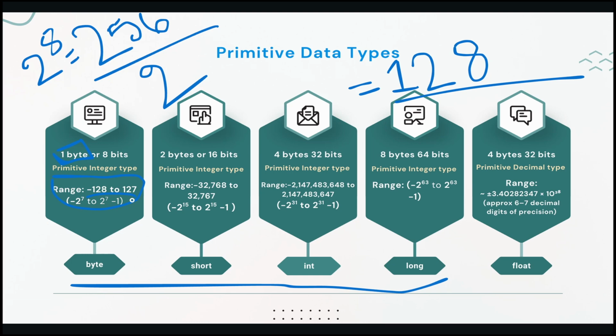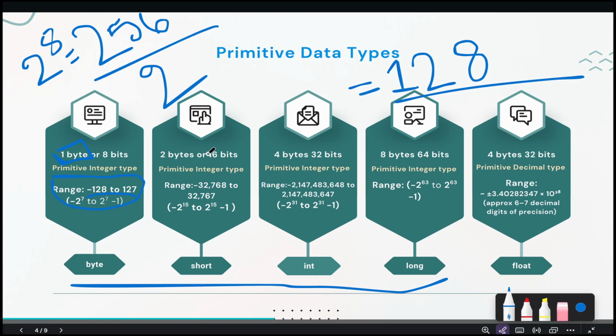So what we are doing, by subtracting 1 from the positive number, we are getting 127, and that 1 bit we are using for 0. That's why we are getting the range minus 128 to 0 to 127. So the range is minus 128 to minus 1, the negative ones, and 0 to 127, the positive ones.